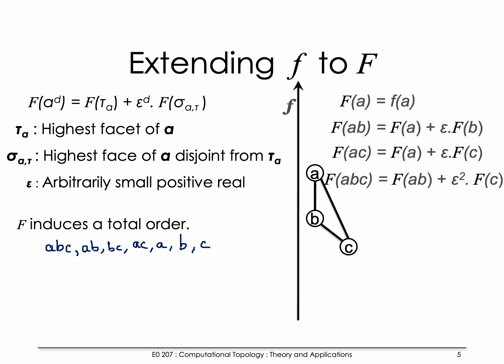So in practice, the function value at, for example, the triangle ABC, is essentially equated to f of AB, and the second term is used symbolically just to break ties. So this allows the method to remain a combinatorial method rather than a numerical procedure.